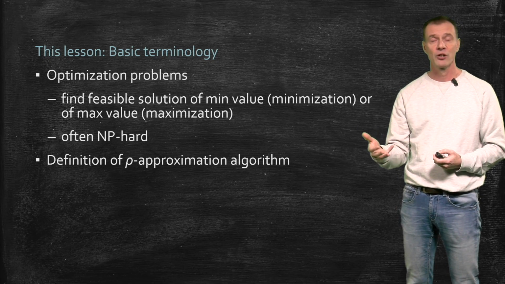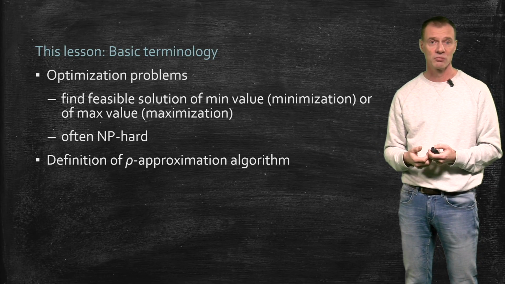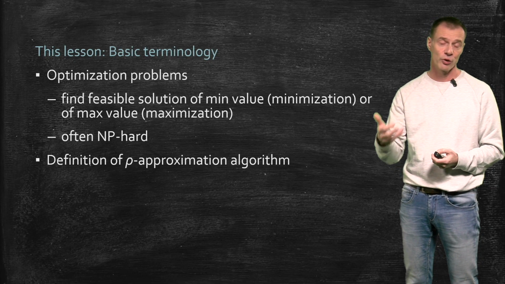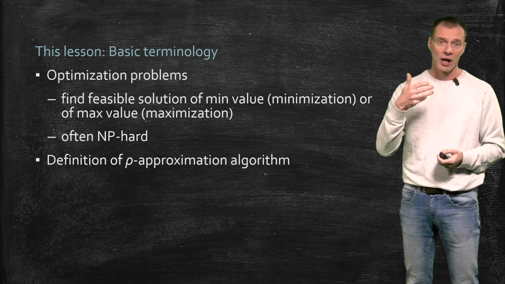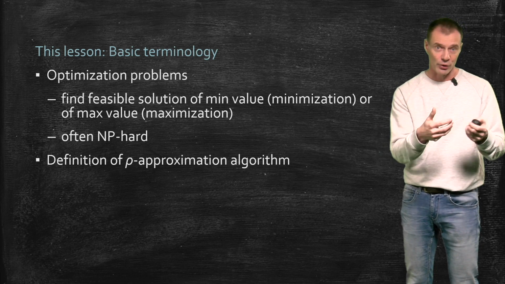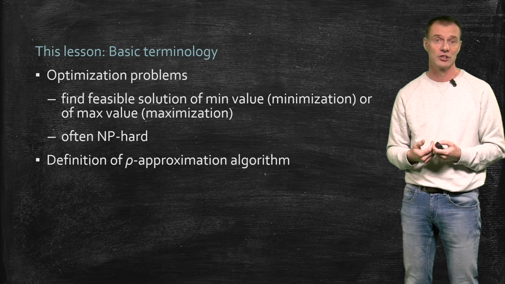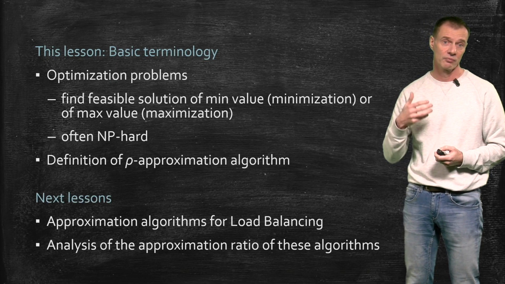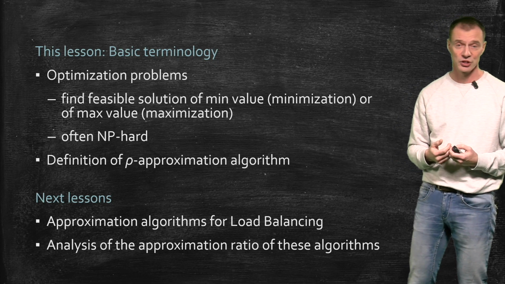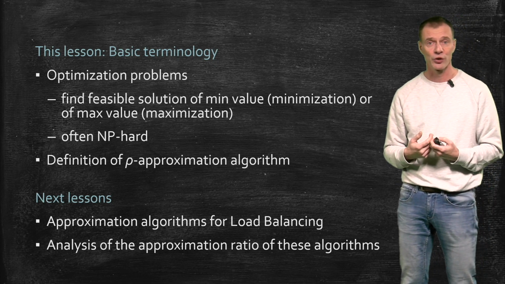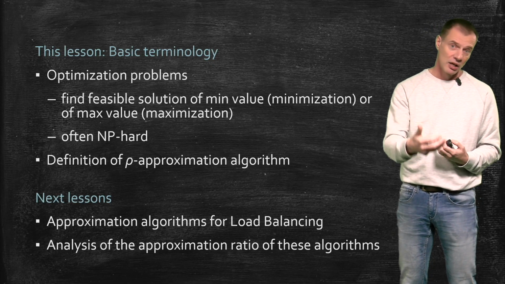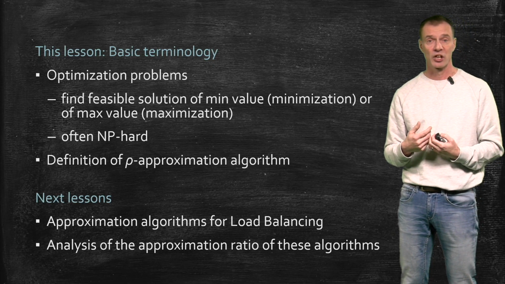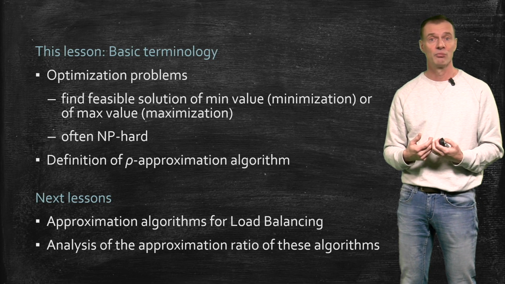And we've defined the concept of rho approximation, and that formalizes how close to the optimal value the solution that our algorithm computes is guaranteed to be. In the next lessons, we're going to see some examples of approximation algorithms, and we're going to see how to analyze them, look at some special techniques that we can use to design them, and so on.